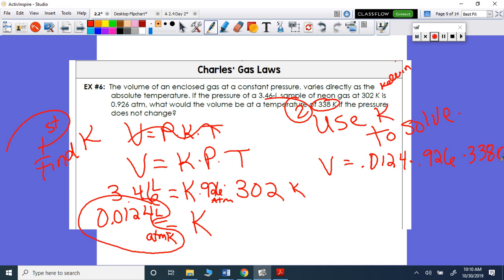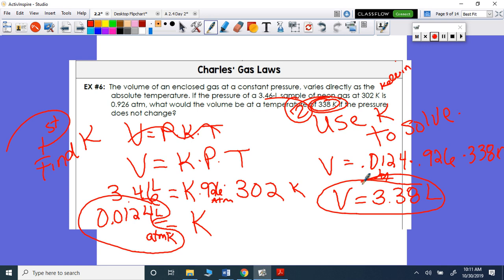And then you'll be able to find it. Last number, 338. I know to put all the units, but for time, I'm quickly moving. Everything cancels out but your liters.